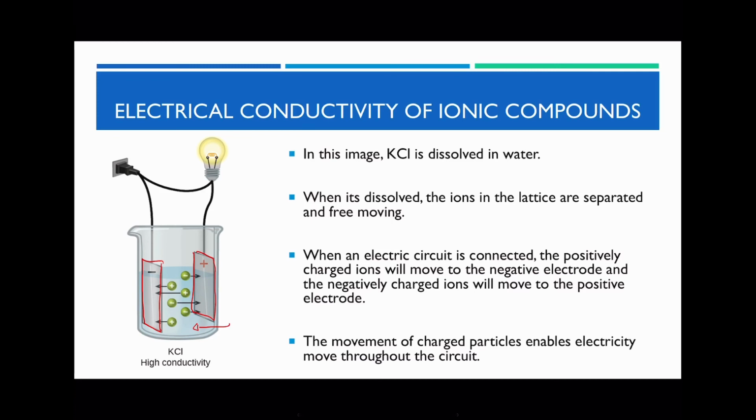Now, when you have an electric circuit attached and connected to this solution containing potassium chloride, the ions can actually move and pretty much complete the circuit. So for instance, over here, you've got electrons moving from the power source down this electric circuit, and it'll move in this particular fashion over here.